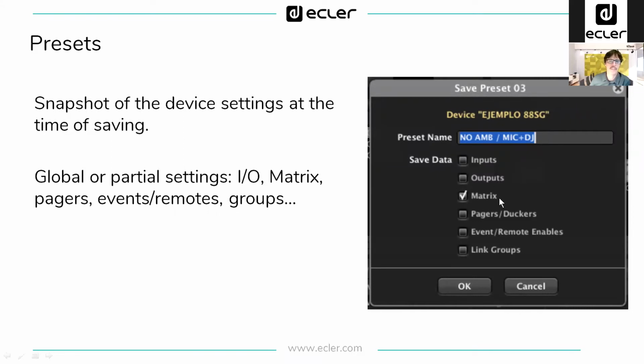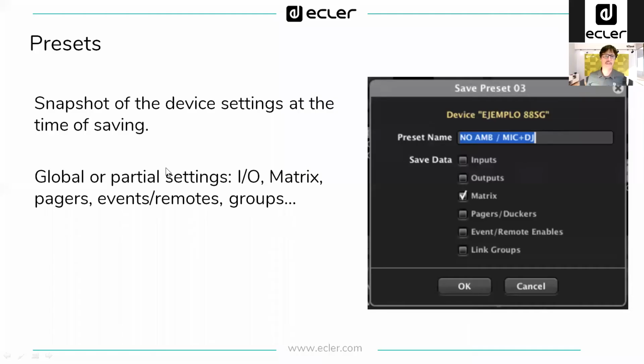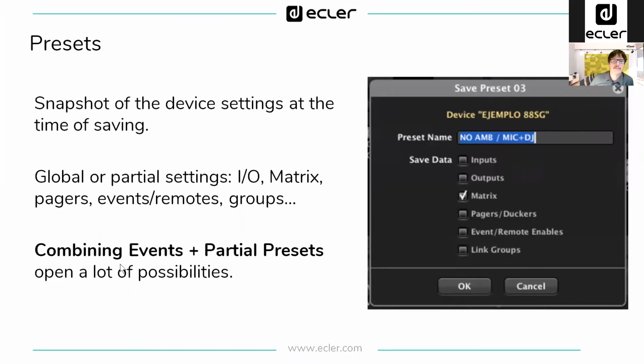In this case, for example, you will save only the values in the matrix, whatever we have in here, if we choose this. So if you combine events and partial presets, it opens up a lot of possibilities.